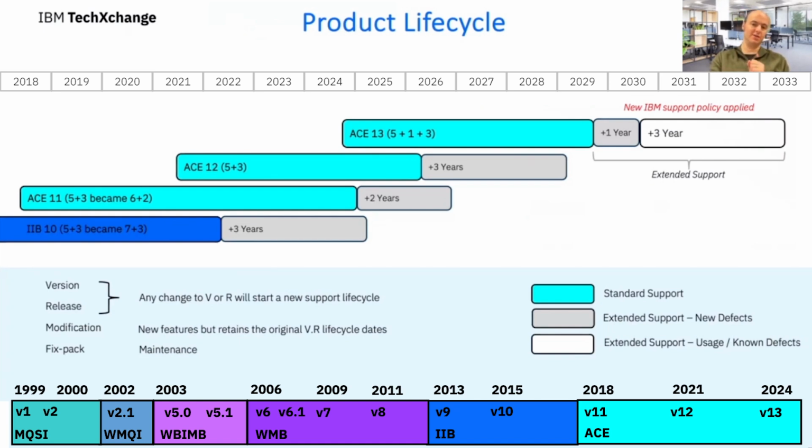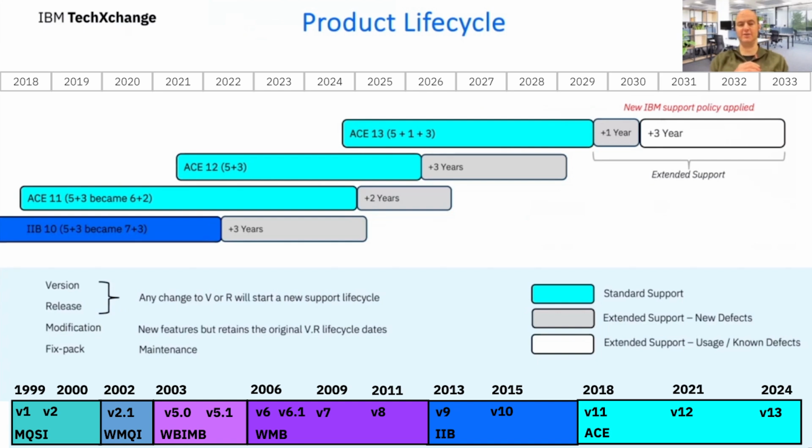And so we've got a lot of customers still on V11, we've got a lot of customers on V12, and those are primarily the ones that are looking to migrate to version 13. And down at the bottom line of that chart, you've got IIB 10, which actually became 7 + 3 in terms of support lifecycle, and that's getting towards the end of its extended support.